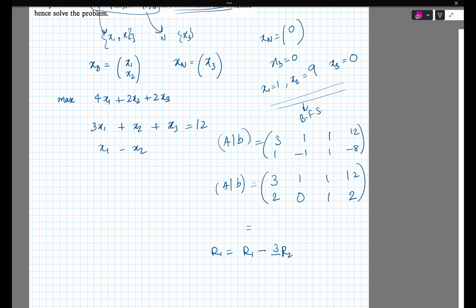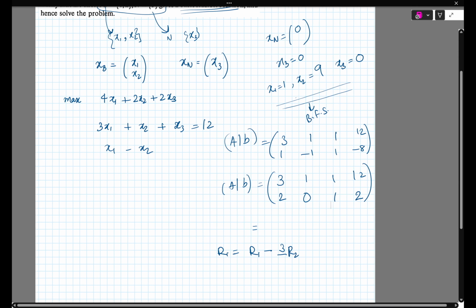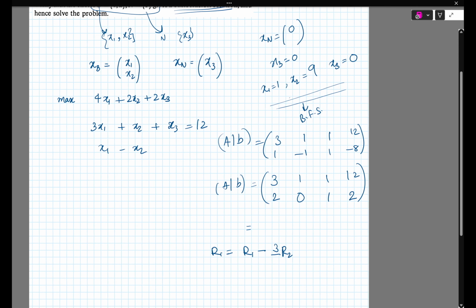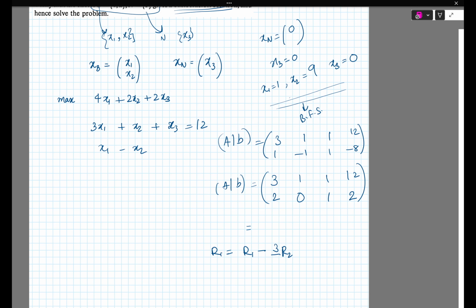R1 minus R2 won't help, right? That will create 0 in the opposite place. We are making 2 as 0, but we need to make 3 as 0.